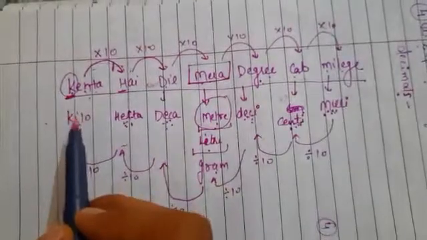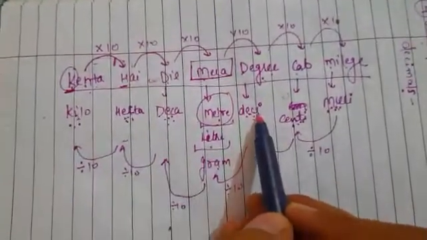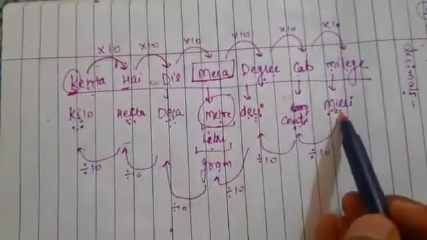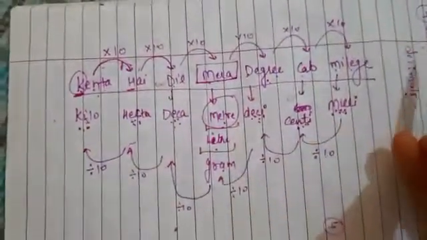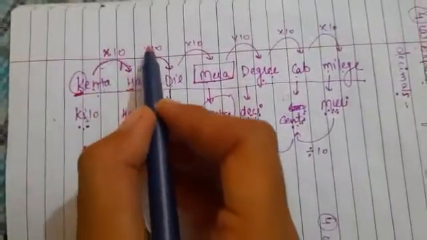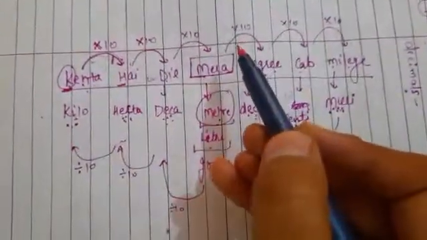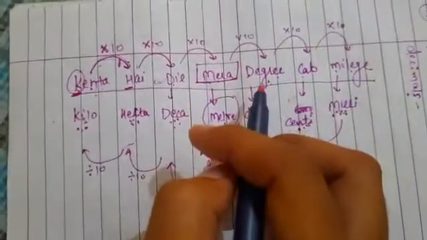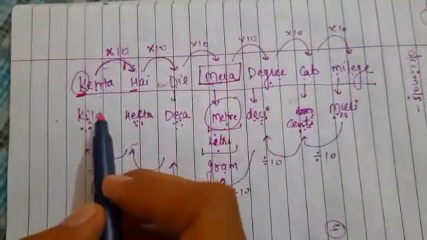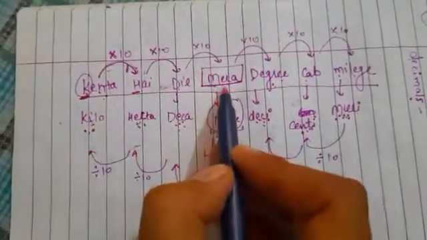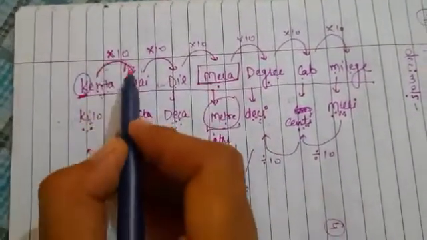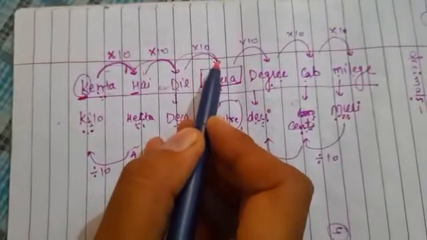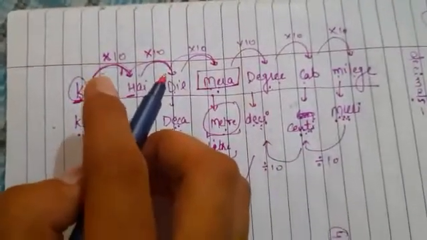Now see, if we have to move to the right side, for example change kilogram into decigram, or kilometer into millimeter, then we have to move to our right side, and we multiply by 10 on each step. However many steps we move, that many times we multiply by 10. Suppose you convert kilogram into gram, 1 2 3 steps, so you multiply by 1000.